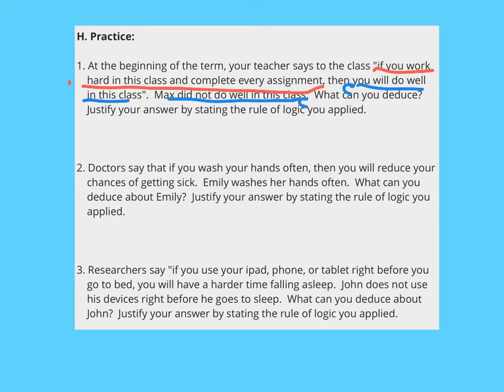And it is denying it, right? It says you will do well in class, and here Max did not do well in class. So we're denying the conclusion, which means we can deduce that Max did not work hard in class.